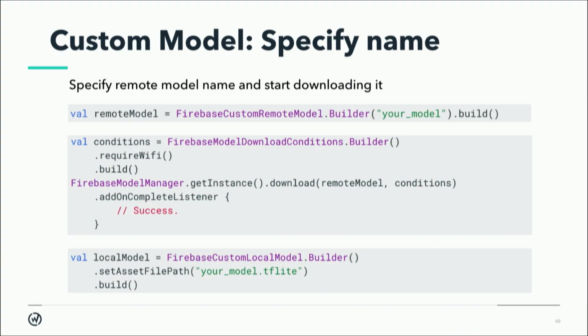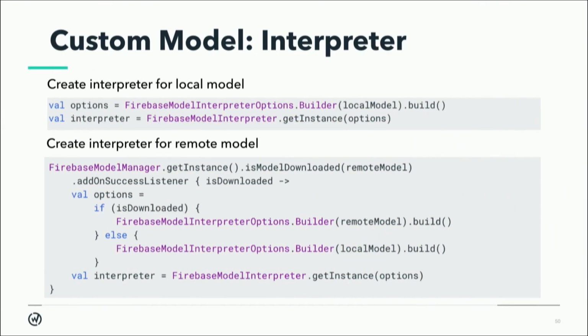As far as local model goes, you can just use the Firebase custom local model builder and just direct it to the asset file path in your project. And then you can create the interpreter for a local model, in a similar way for a remote model.